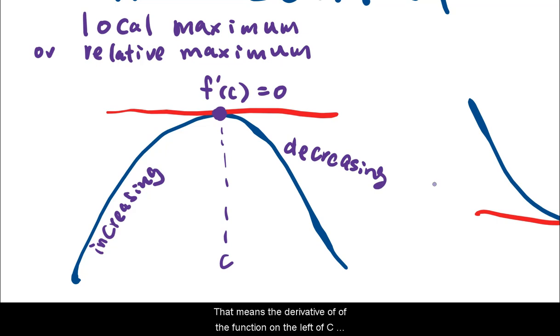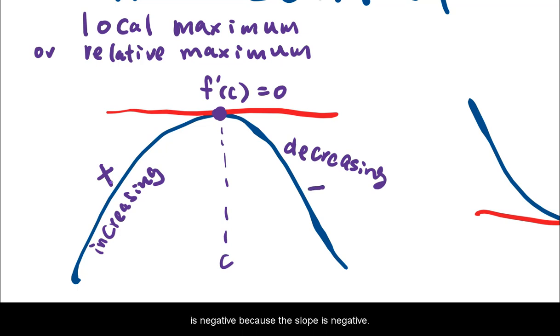That means the derivative of the function on the left of C, just in this little area, is positive. Right? On the right, the derivative of this function is negative because the slope is negative.